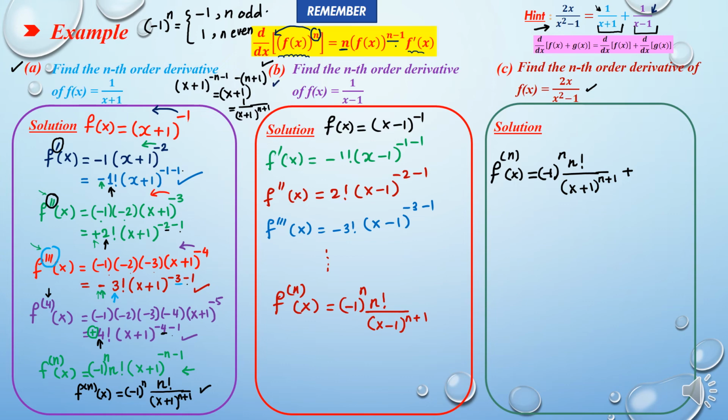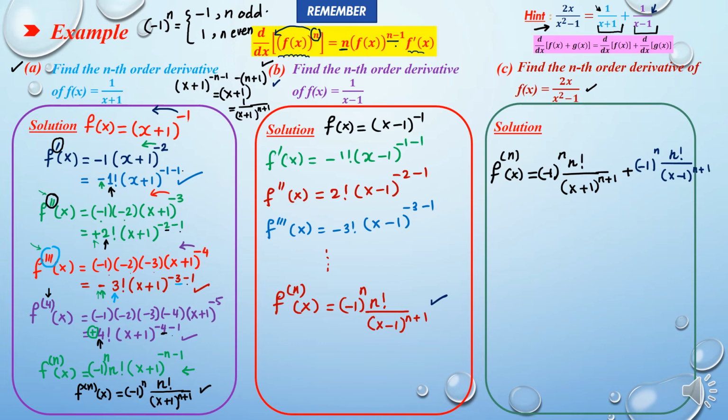The nth derivative for this function is in part B, and it equals negative 1 to the nth power multiplied by n factorial divided by (x minus 1) to the n plus 1.